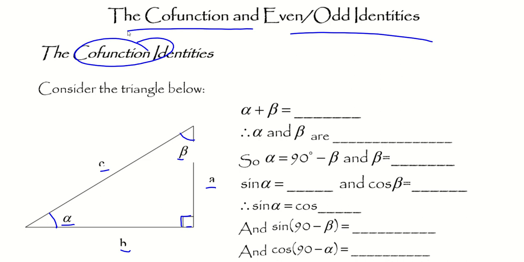Well, if this is a right triangle, we know that the sum of all three angles is always 180, and if one of these angles is a right angle, then that leaves the two acute angles, alpha plus beta, to add up to 90 degrees. And we know that when two angles add to 90 degrees, they are called complementary angles.